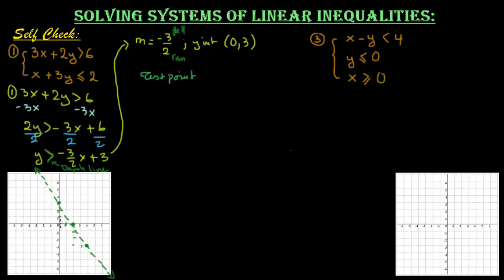I would choose the point (0, 0) because it's not on the line and it's also easy to calculate. So 3 times 0 plus 2 times 0 greater than 6. 0 greater than 6 is a false statement. Since it's false, we shade above the line, the area that does not contain the point (0, 0). So I will go ahead and shade above the line.